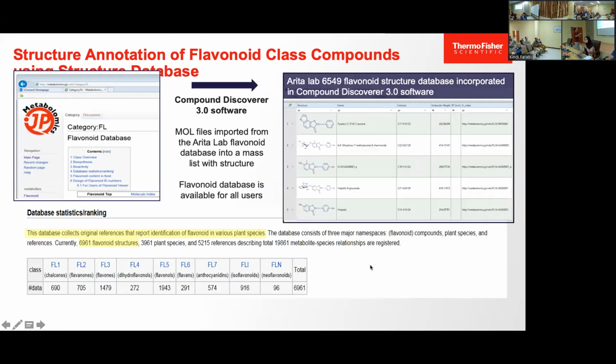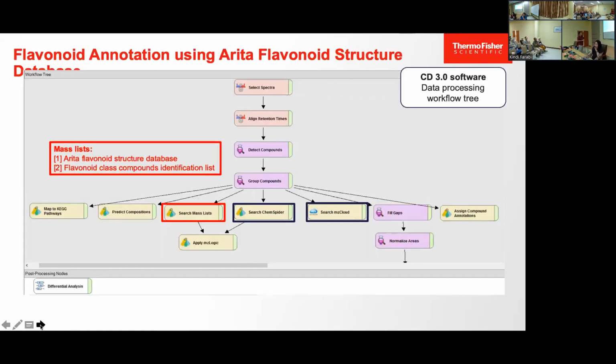Okay, so all this data you can download to a software called Compound Discoverer. This Compound Discoverer will do a clustering or statistical view of how it separates. Okay, so this is the automated workflow. Based on the raw data we have, it will do a retention time alignment. So why is retention time alignment required?